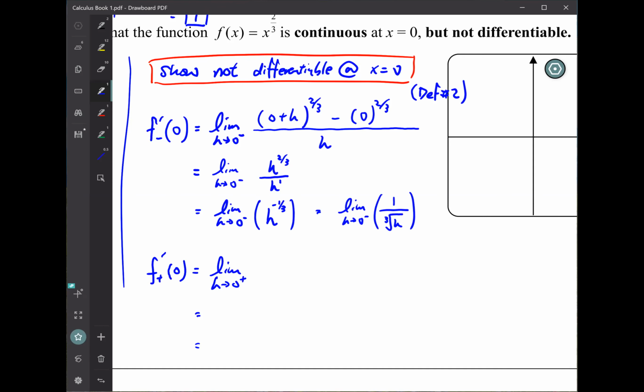Now, if I sub in a small negative number, that means it's 0 from the left side, a very tiny little negative number. What's the cube root of a small negative number? Negative, it's still negative. So it'll be 1 over a tiny little negative. And what's 1 divided by a tiny negative?